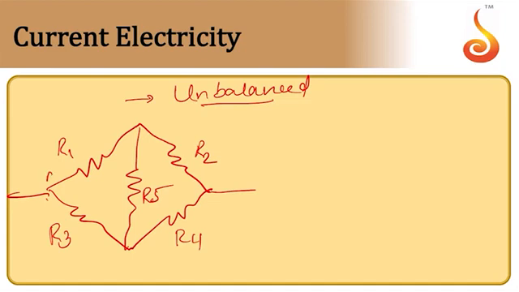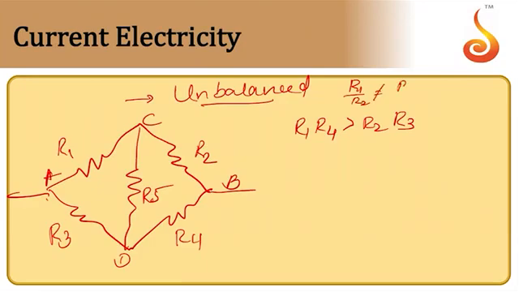This point is A, this is B, this is C, this is D. Now let's assume that R1 R4 is greater than R2 R3. So first of all, we have noticed that R1 by R2 is not equal to R3 by R4. Remember it. So now if R1 R4 is greater than R2 R3, then potential at C is less than potential at D.